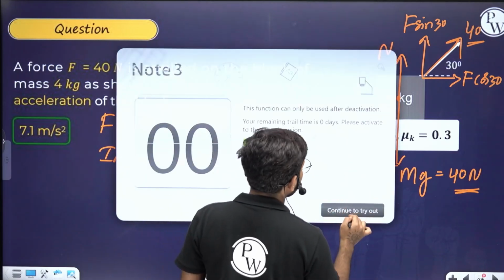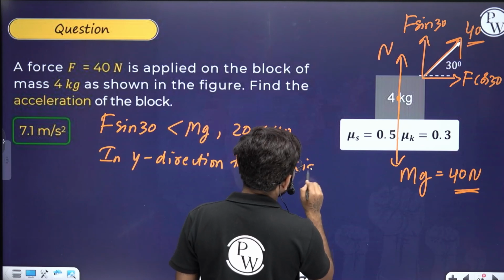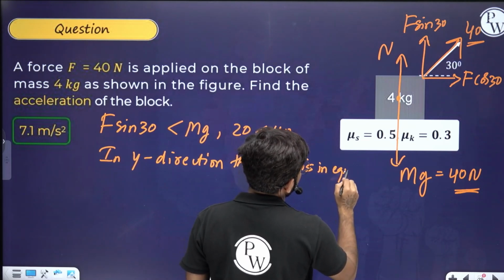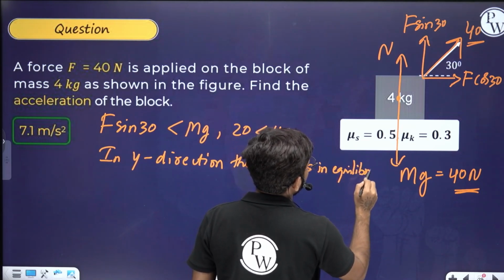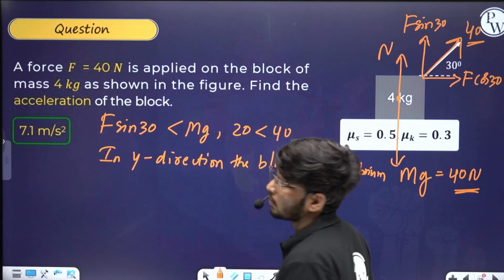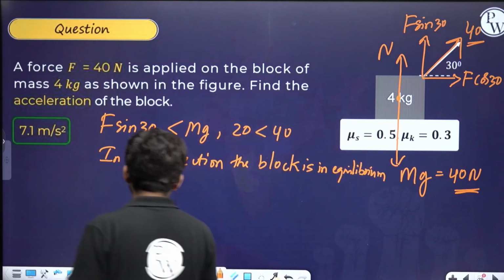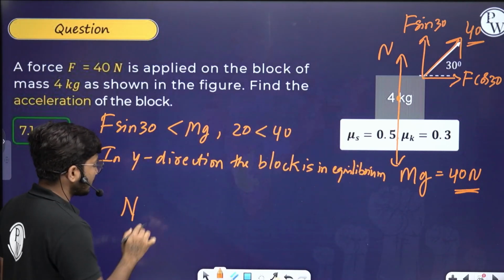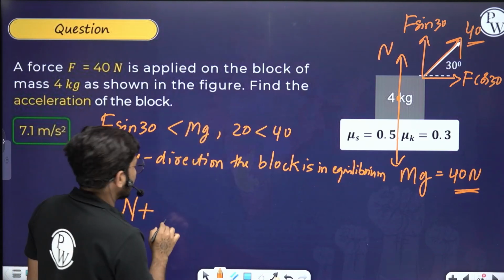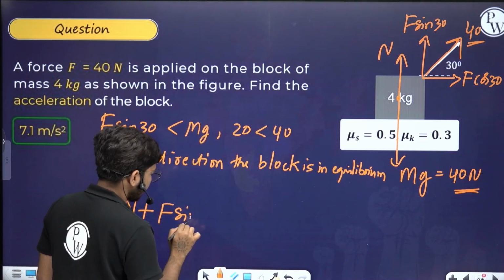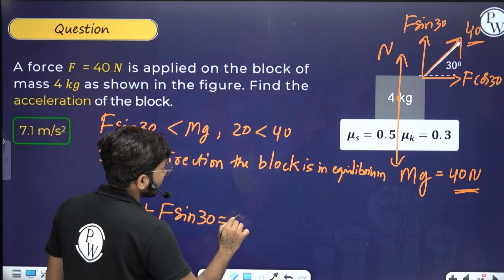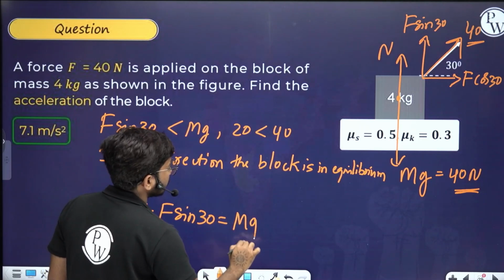In the y direction the block is in equilibrium. So in the y direction, N plus F sin 30 is equal to m into g.